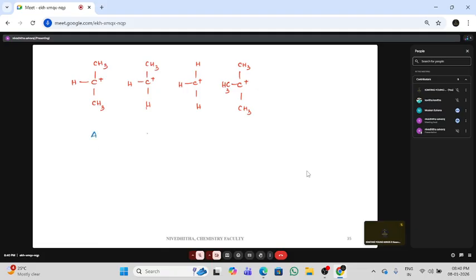This is A, B, C, and D. Could you please tell me the decreasing or increasing order of stability of these carbocations? Take your time, find whether each is primary, secondary, or tertiary, and based on the stability order, please arrange these species.